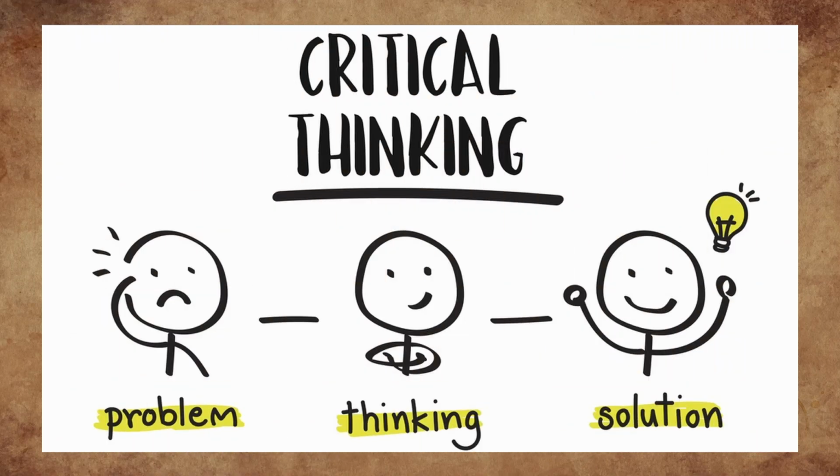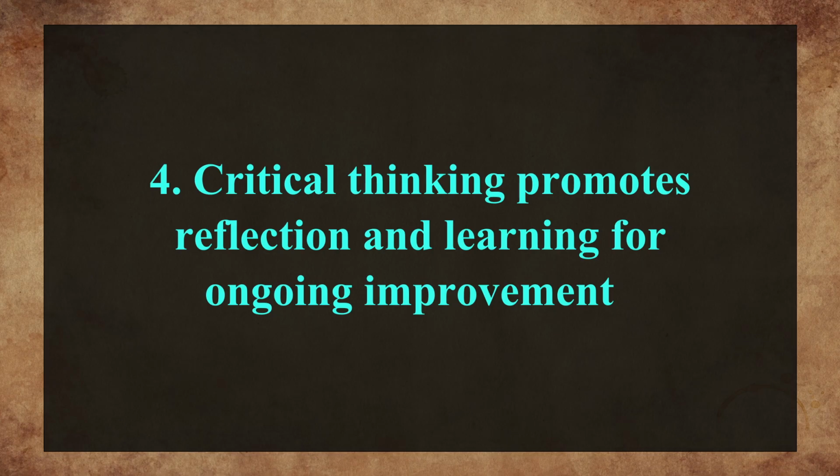By carefully selecting words, tone, and actions, critical thinking ensures that disagreements are settled in a way that reinforces relationships instead of damaging them, particularly in professional, academic, and personal realms. Number four, it promotes reflection and learning for ongoing improvement.